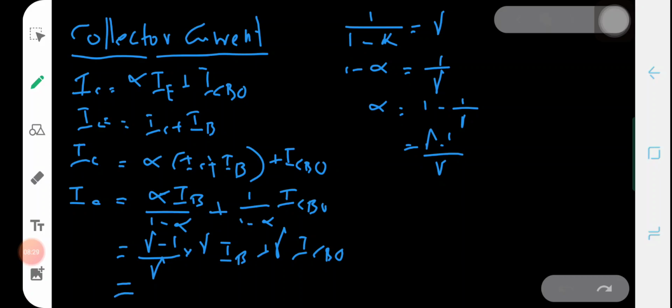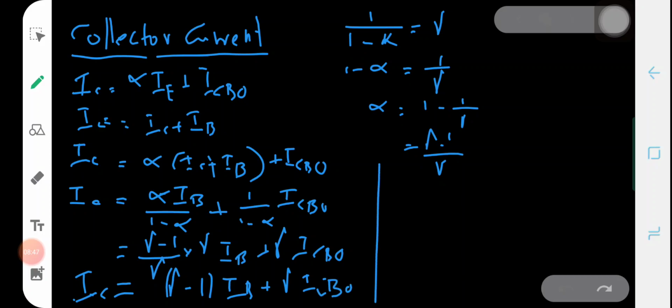So IC is equal to, gamma gets cancelled, gamma minus 1 into IB plus gamma times ICBO.